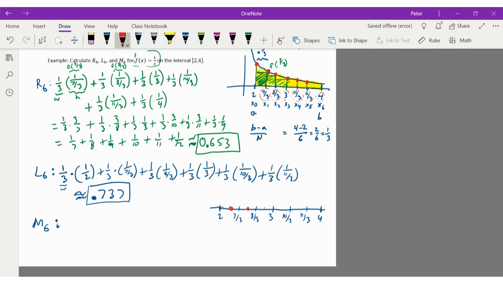These are really the points that I want to use to form the heights of the rectangles. So I actually need to calculate more values. This is going to be 6/3 plus 7/3 is 13, so that's going to be 13/6. And this is going to be 15/6, 17/6, 19/6, 21/6. I could also divide that by 3 and get 7/2. And then this one is going to be 23/6.